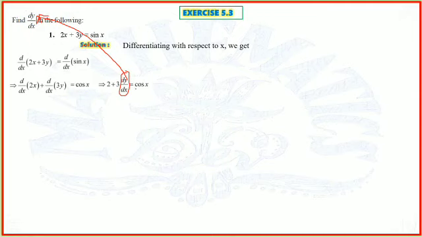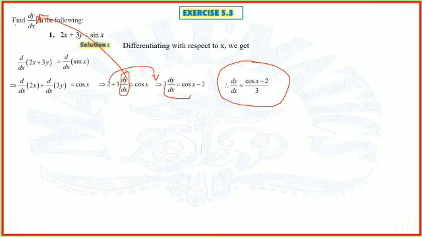Now we will transfer everything to the right hand side. So 3 into dy upon dx is equal to cos x, and then this 2 has gone to the right hand side. Now dividing both sides by 3, dy upon dx is equal to cos x minus 2 upon 3, which is the final solution of the question.